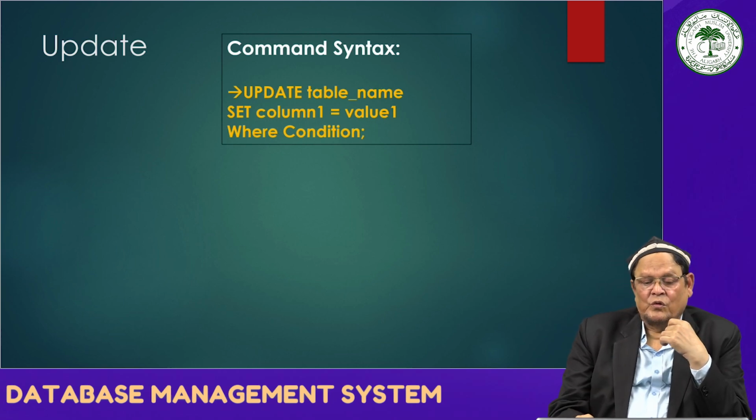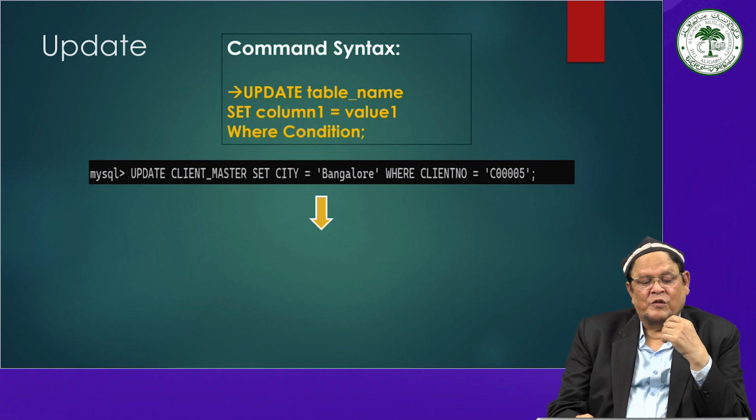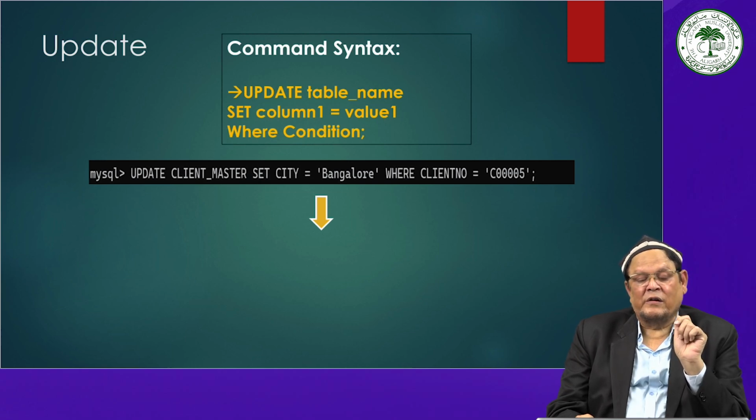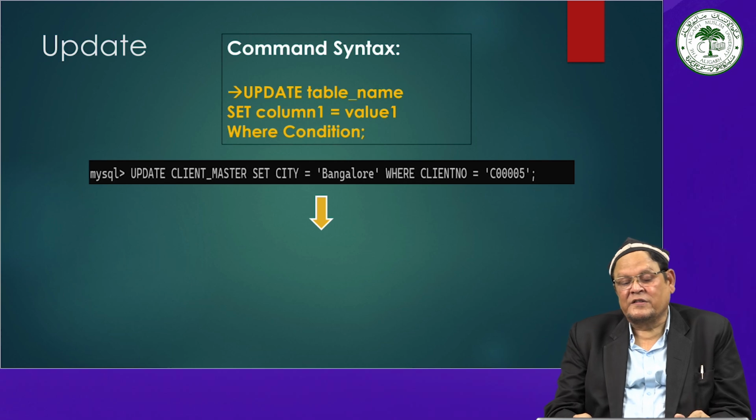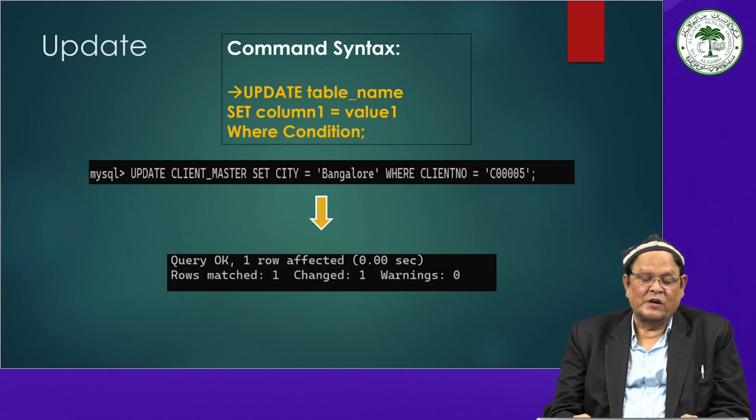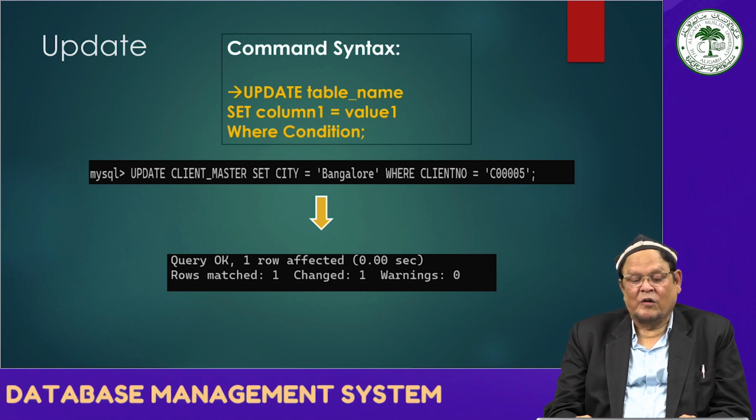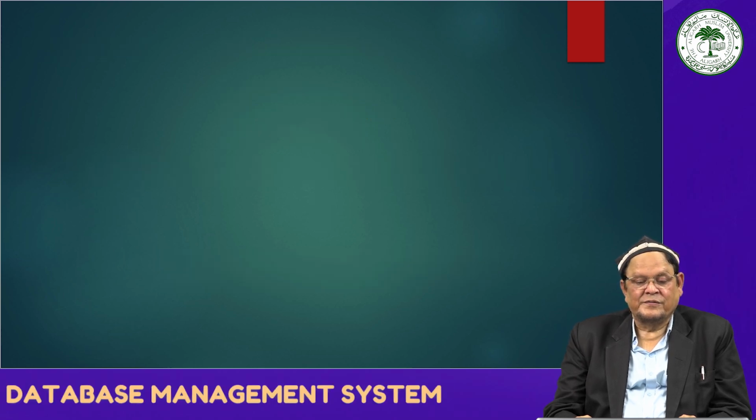So when you write update client master set city equal to Bangalore where client number is C0005 and press return, the result will be like that: Query OK, 1 row affected. So the address of client 5 has changed.